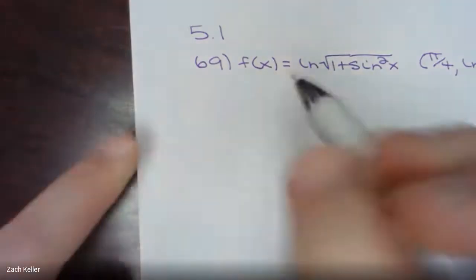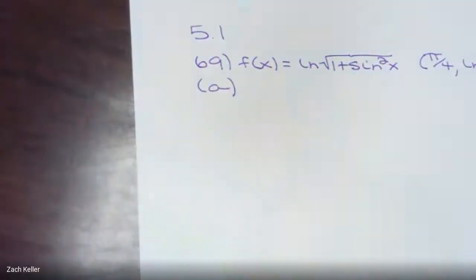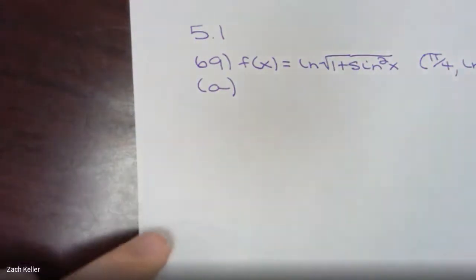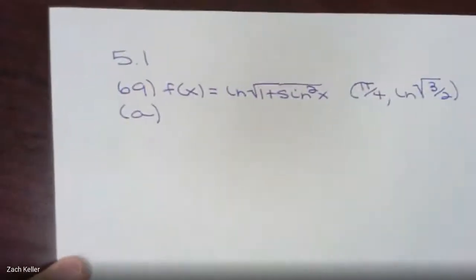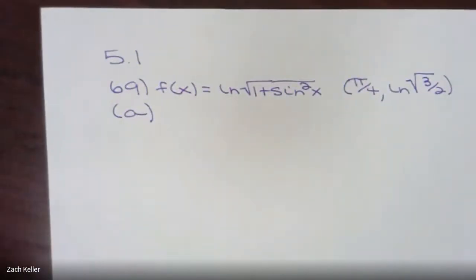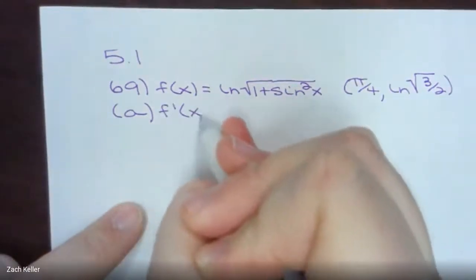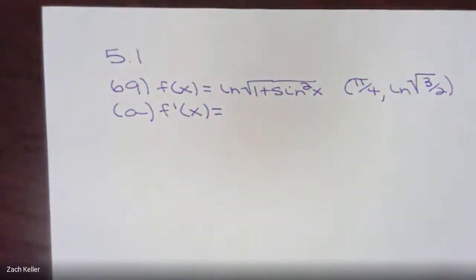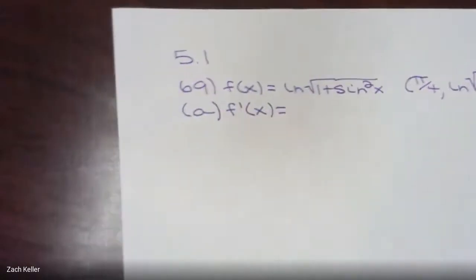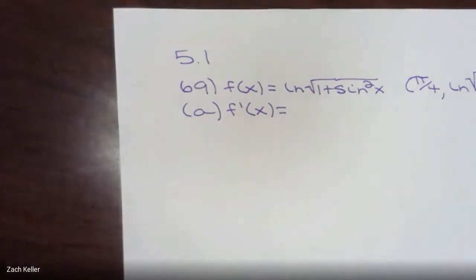Part A is all I need to worry about: finding the equation of the tangent line to the graph at the given point. We've done it before, just not using these types of functions, ln. So we're going to find the derivative first, remember the slope of the tangent line is the derivative, and then plug in my x value, pi over 4.